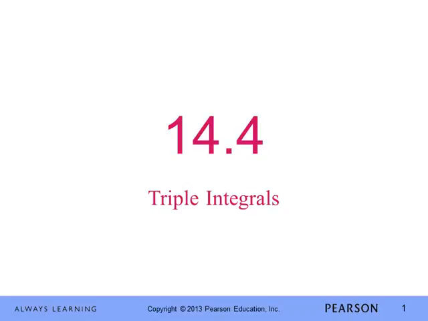So we're in section 14.4, and we are now moving up by one dimension and integrating over a three-dimensional patch of real estate. And of course, integrating over one variable was hard enough, and integrating with two variables was even harder.